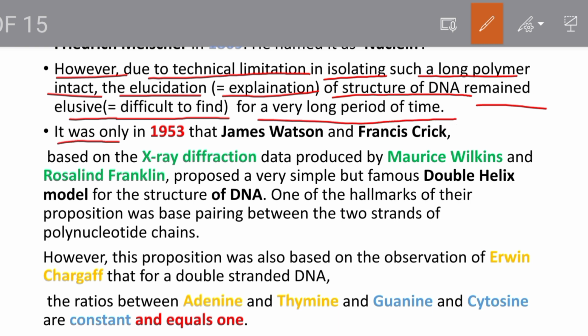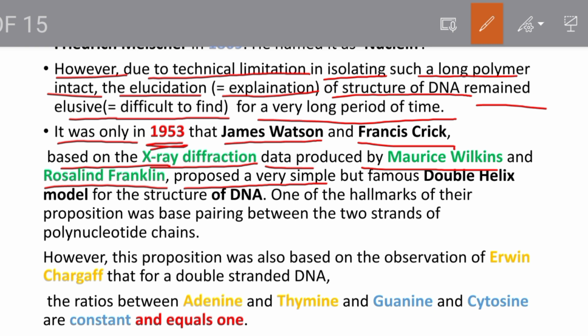It was only in 1953, remember the date, 1953, that James Watson and Francis Crick, based on X-ray diffraction data produced by Maurice Wilkins and Rosalind Franklin, proposed a very simple but famous double helix model for the structure of DNA.